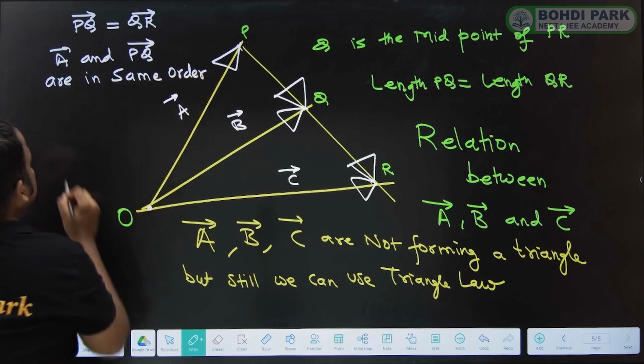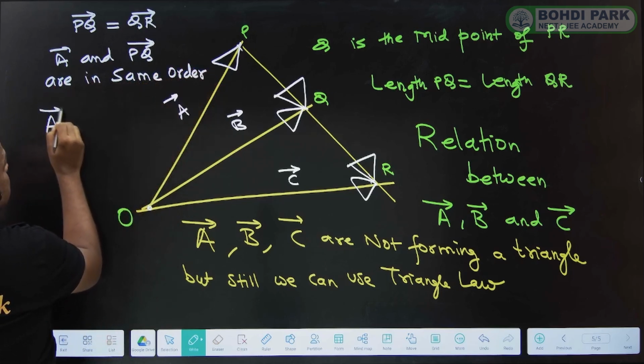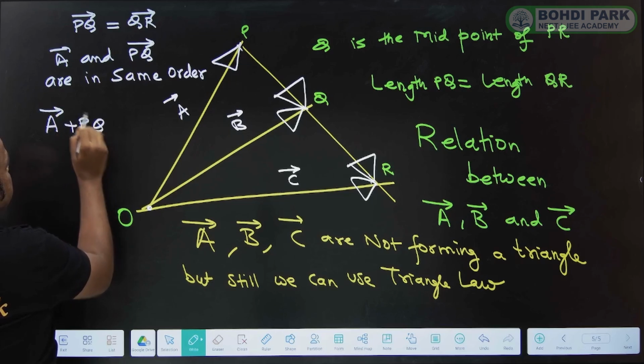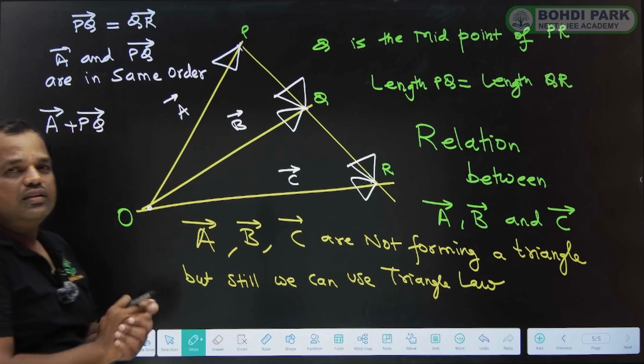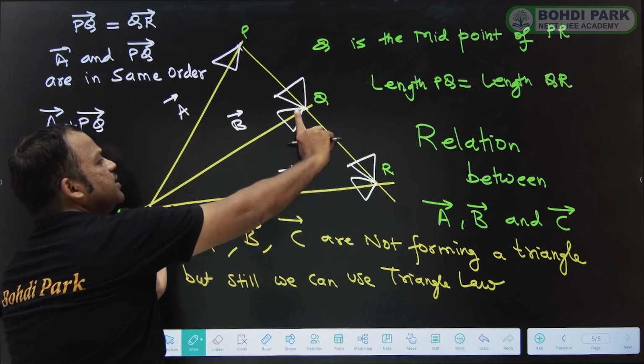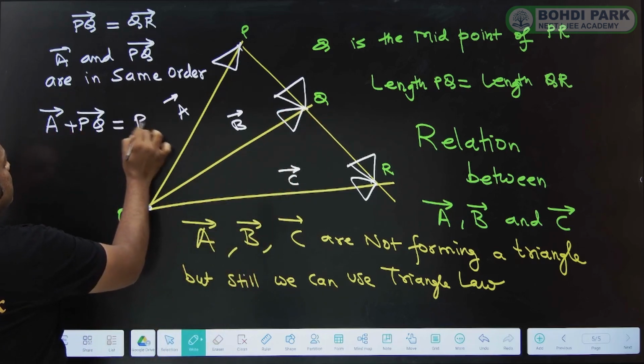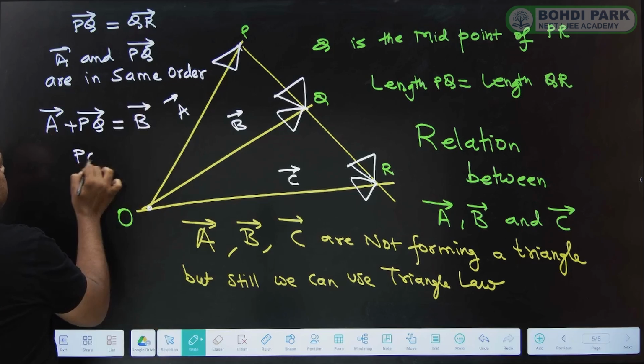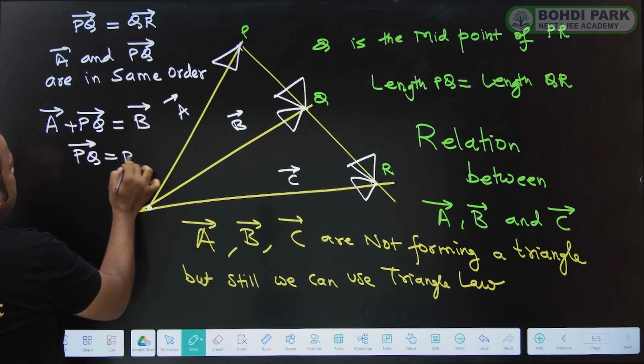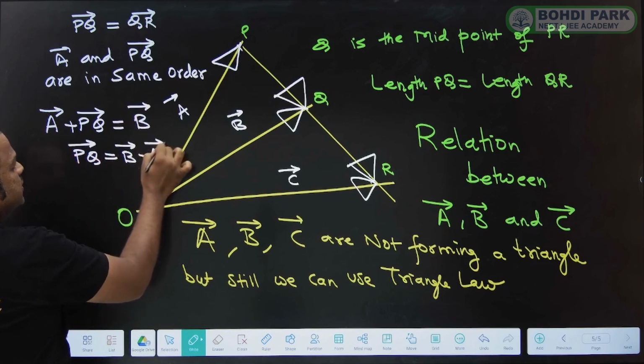So we have A vector plus PQ vector, and B vector is in opposite order, so we will write this as equal to B vector. So we have PQ vector is equal to B vector minus A vector.